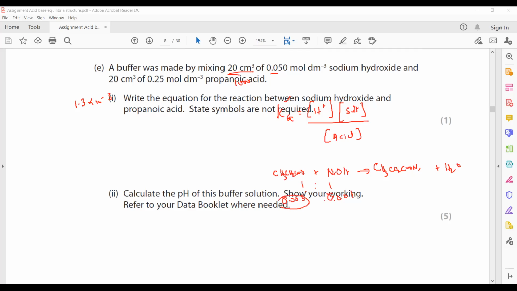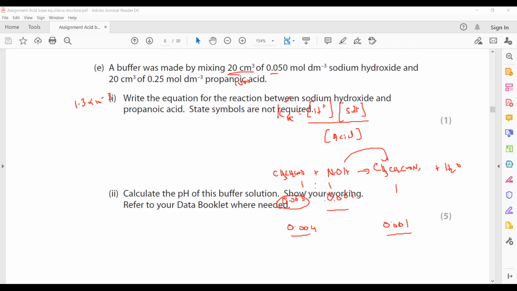How many moles of acid will be left? 0.004 will be left, because the ratio is 1:1. If the limiting reagent is 0.001, 0.004 moles of propanoic acid will remain after the reaction. And how many moles of salt will be formed? Because sodium hydroxide is limiting and the ratio is 1:1, the same number of moles of salt will be there, 0.001.